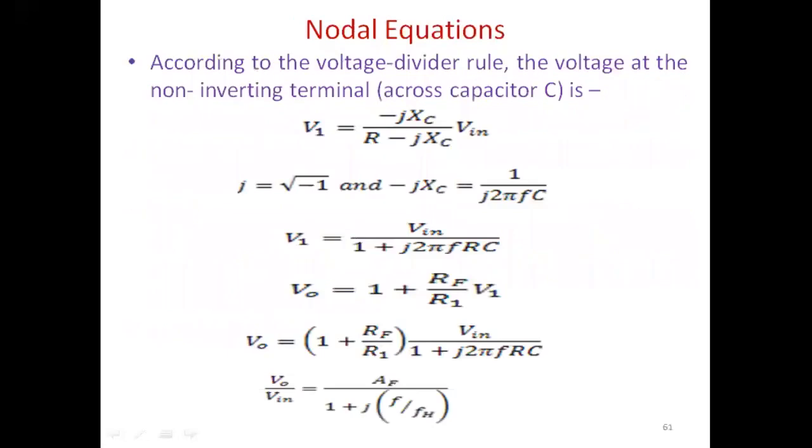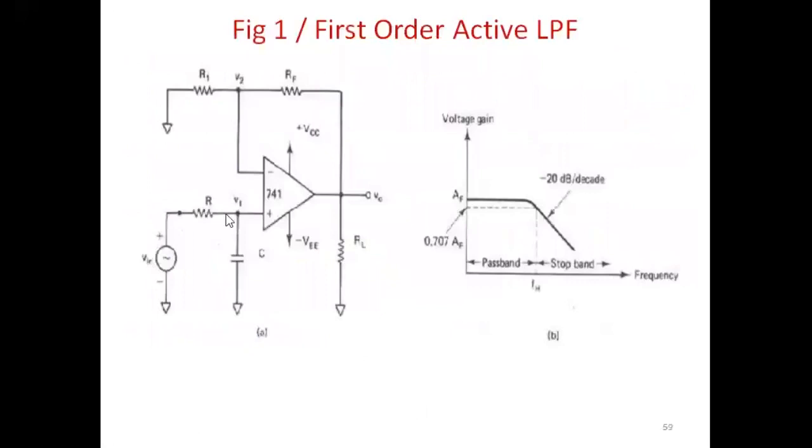We can apply the voltage divider rule to calculate the voltage at the non-inverting terminal. You can see the diagram. We apply the voltage divider rule at this point. The input is applied between R and C, and the voltage across the capacitor is applied to the positive terminal.